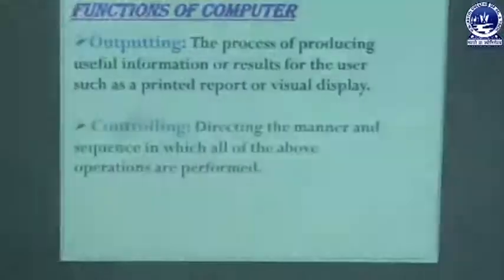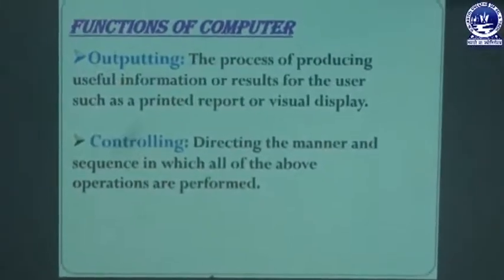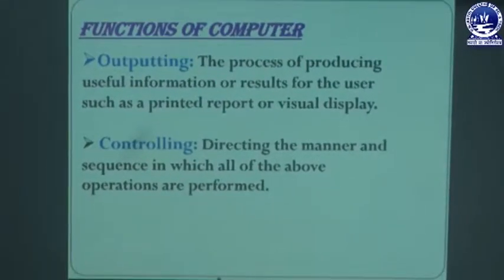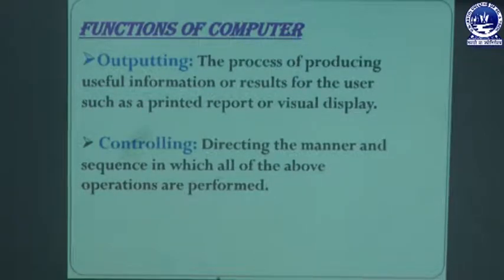The control unit directs the manner and the sequence in which all of the above operations are performed. So what are the operations? We have already discussed inputting, storing, processing and outputting. These operations are controlled by the control unit, that is controlling. So these are the functions of the computer.